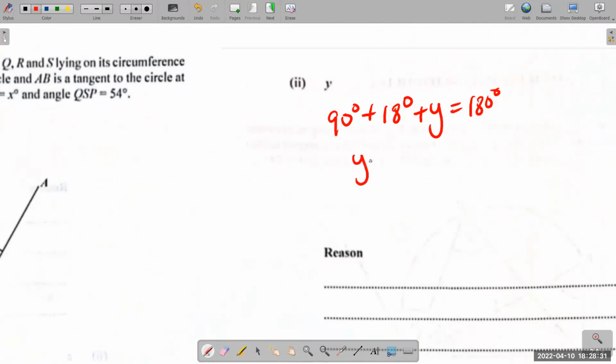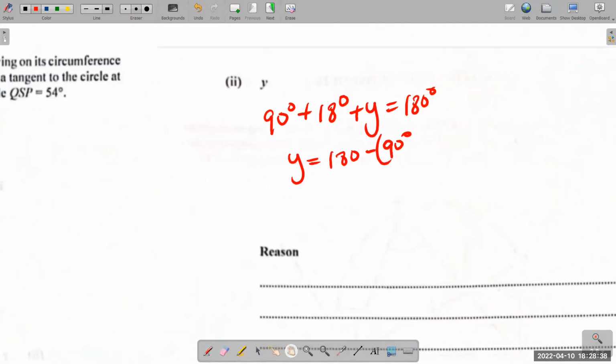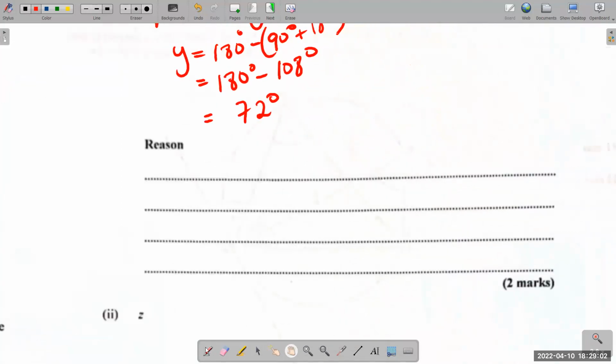So you're going to say Y is equal to 180 minus, it depends on how fast you could move. The more you show, the stronger your chance of getting full marks. And even if you make a mistake, everybody understand me? If you show that this is what you're doing, you maximize your marks. So you know you got 180 minus 108. So what is my answer? 72 degrees. All right. What is the reason?